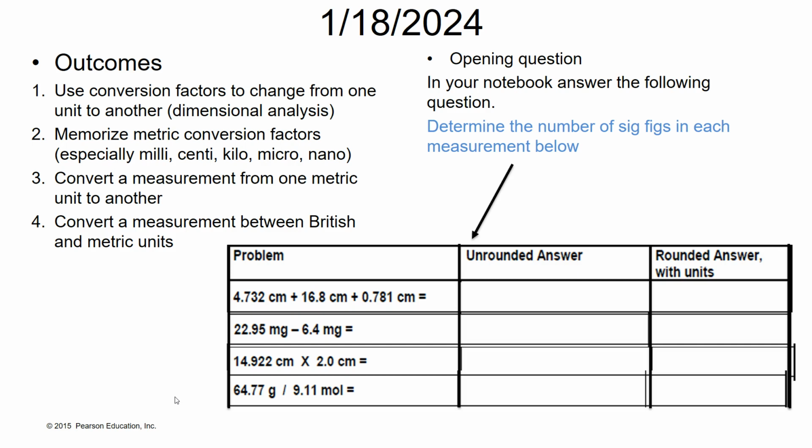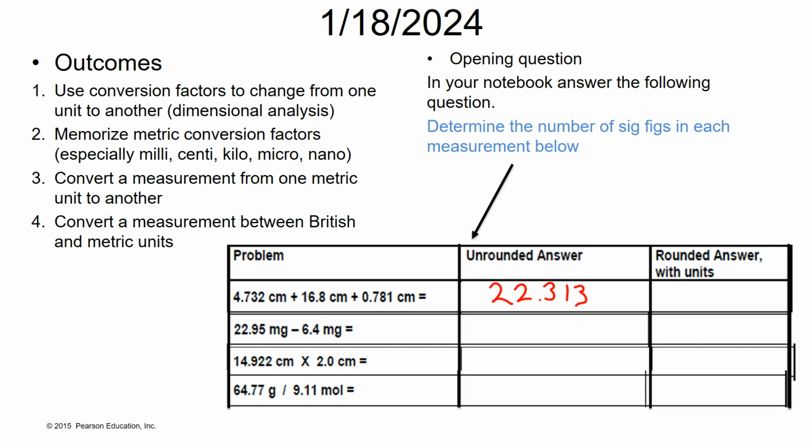So going through today's stuff. All right. So on the first one, it was just simple addition. So going across, what would our unrounded answer be? All right.